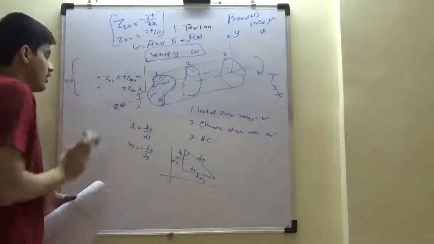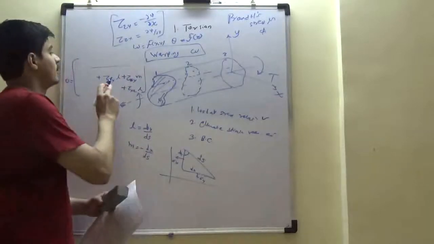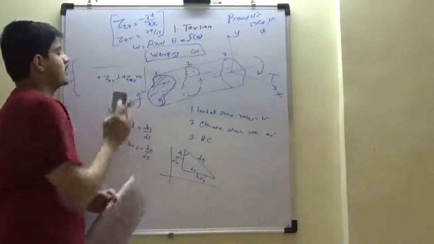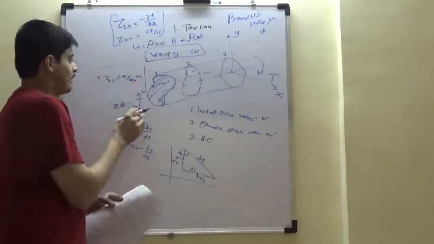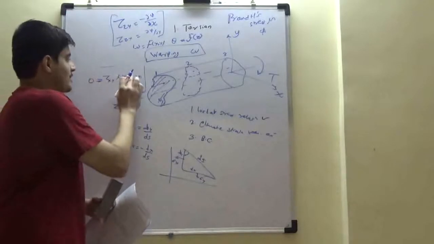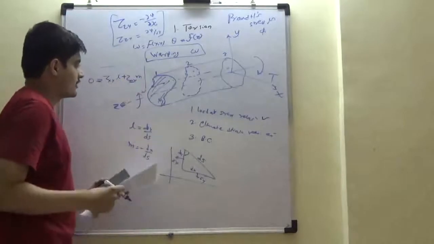So the entire first equation is redundant. It is a self-satisfied boundary condition. This on its own is 0 because a single planar stress has to be 0 on the integral. So the equation that I finally get is tau xy L plus tau zy M is equal to 0.